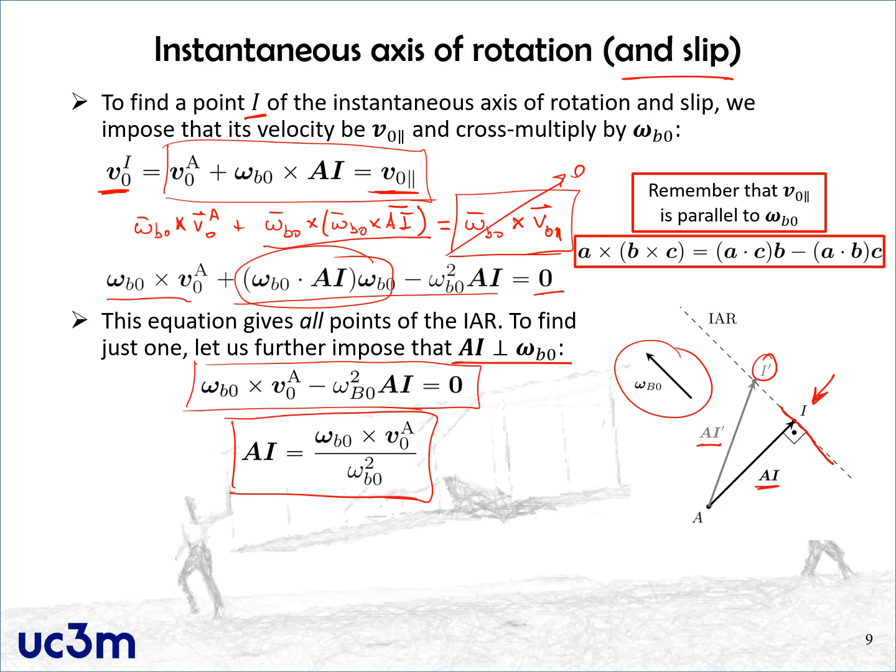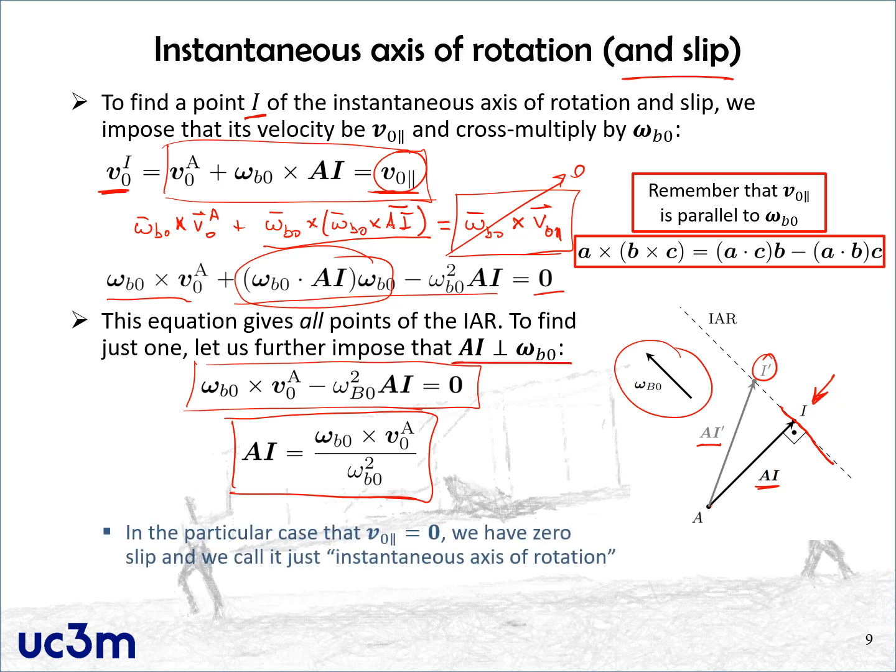In that case, you just start with a 0 on the right-hand side, but it doesn't change anything else. In that particular case, when the parallel velocity is 0, we drop the slip surname of this axis, and we just call it the instantaneous axis of rotation.